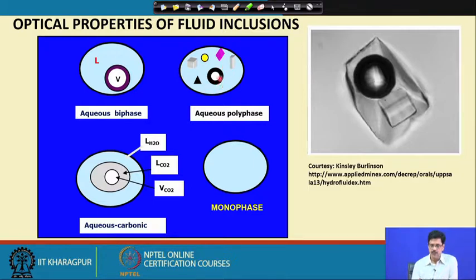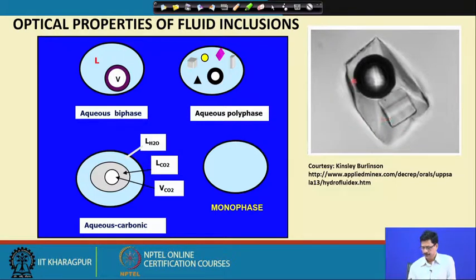As the sketch shows, an inclusion can have one or more than one solid crystal. The one with a cubic shape is probably the mineral halite. In the natural inclusion in quartz shown here, we can see a very nice cubic crystal sitting within the inclusion cavity beside the vapor; this sample is courtesy of Kingsley Börjlenson's web page.